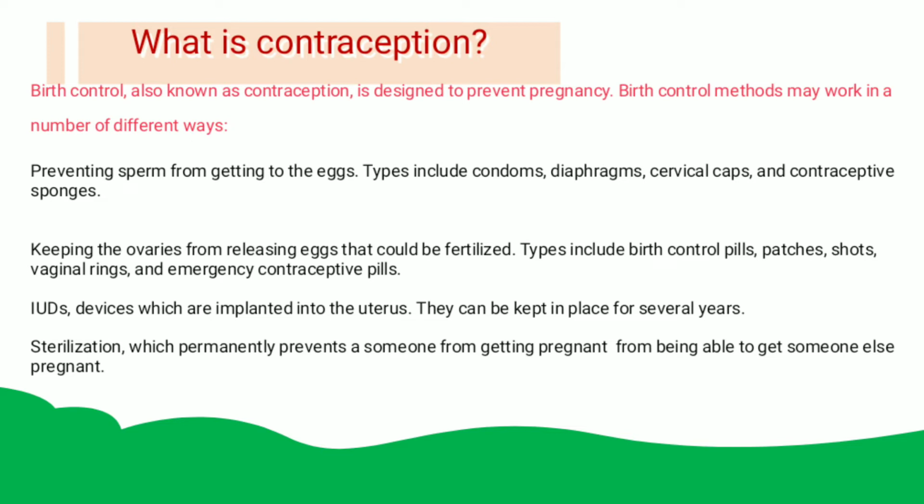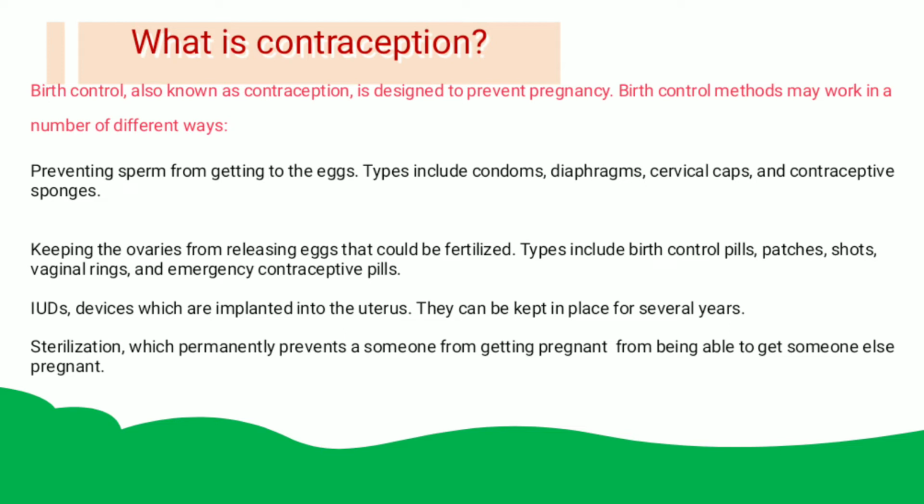One is to prevent sperm from getting to the eggs, and the contraceptive types are condoms, diaphragms, cervical cups, and contraceptive sponge.